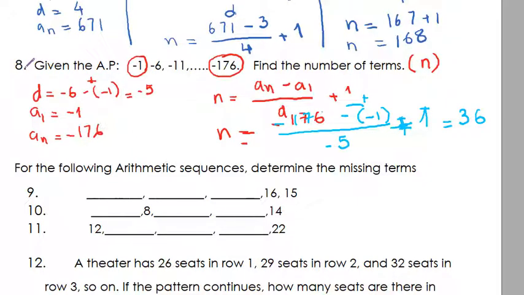Any question? No. Alright. Now again, when do we use this formula? n equals a sub n, the last, minus the first term, divided by d, plus 1. When can you apply this formula?